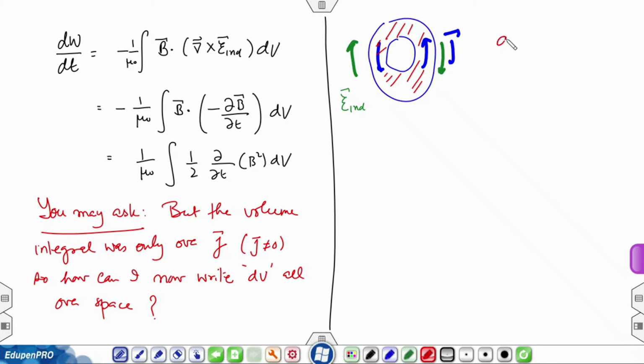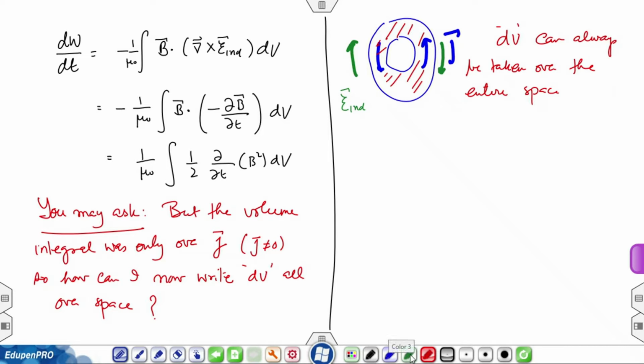So, dV can always be taken over the entire space, and it will contribute only when J is not equal to 0. However, when I convert this into B field, the volume, wherever B is not 0, it contributes from there.